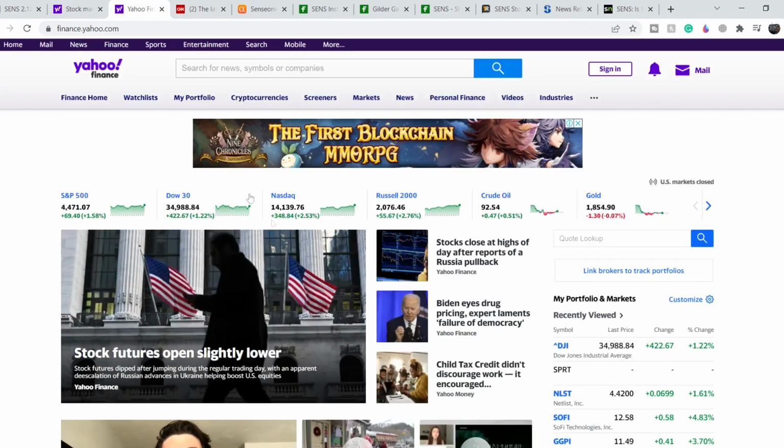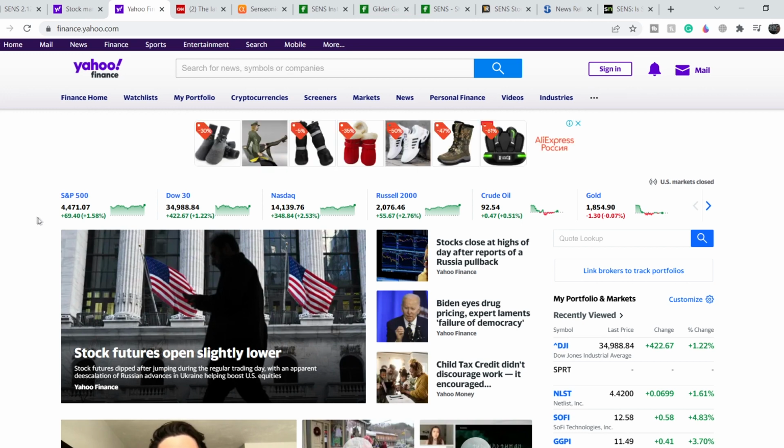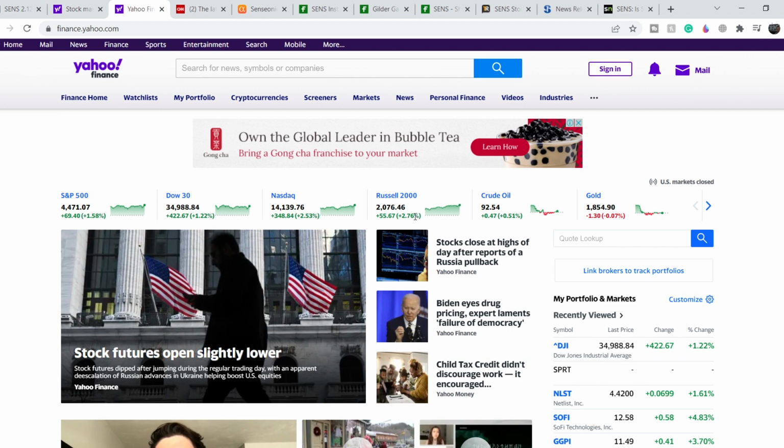Right here we have all of the indexes in green territory. S&P 500 gained about 1.58%, Dow is up 1.22%, Nasdaq has 2.53% gains, and Russell 2000 has 2.76% gains. And why, despite these green markets, didn't Senseonics spike up?